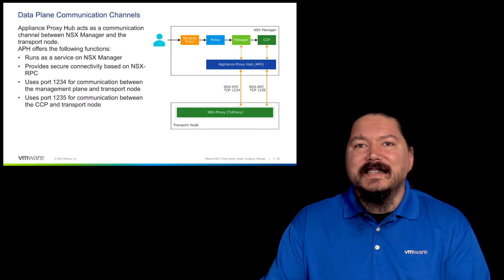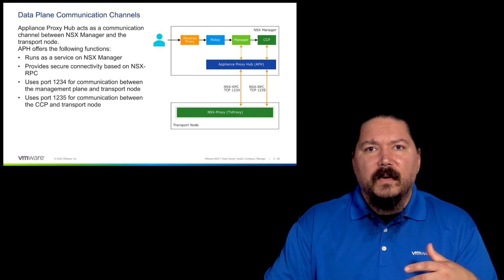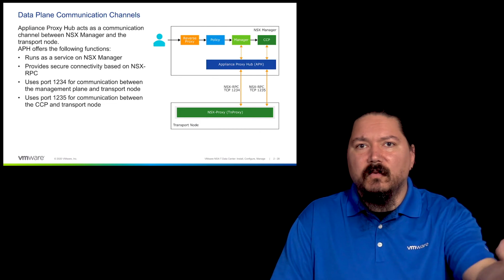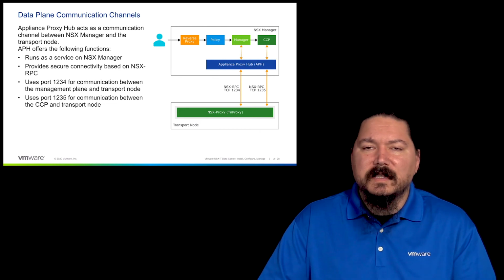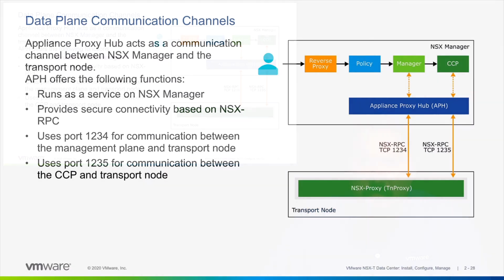When we return statistics back to the management plane, whether it's packet counters or firewall hit statistics, firewall rule counts, rule hit counts, things like that, those will be returned by way of NSX proxy on the transport node over the TCP 1234 channel up to the appliance proxy hub on the manager node, and then that will be sent from there to the manager.